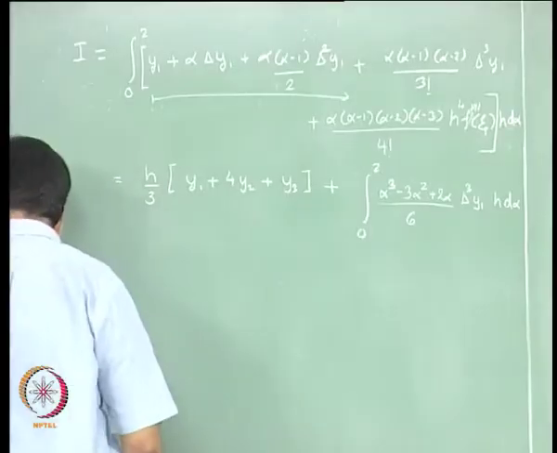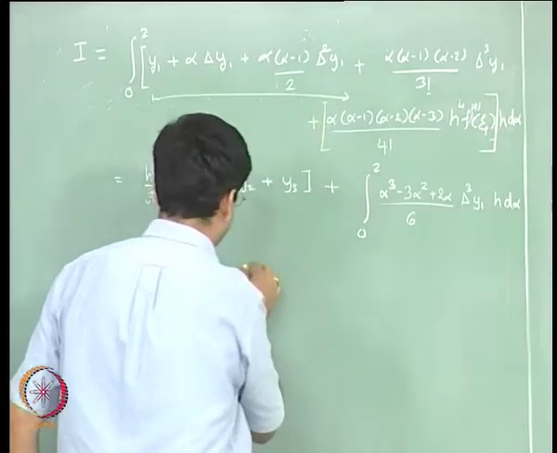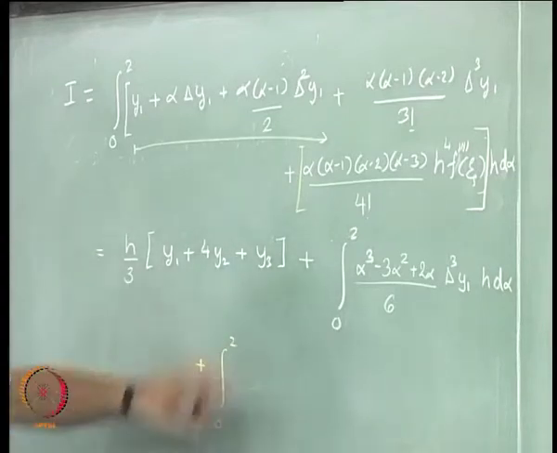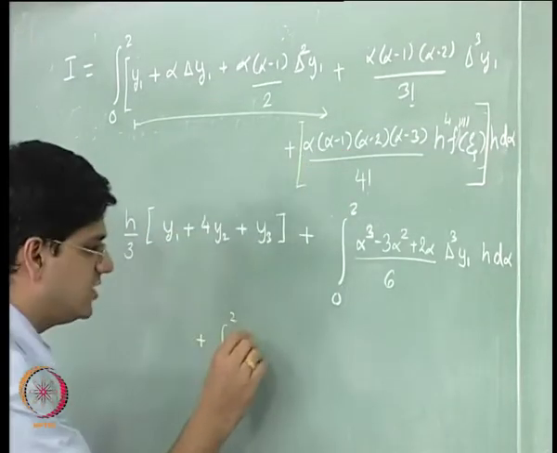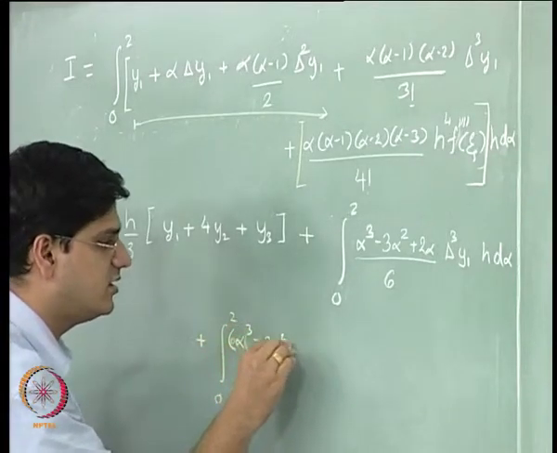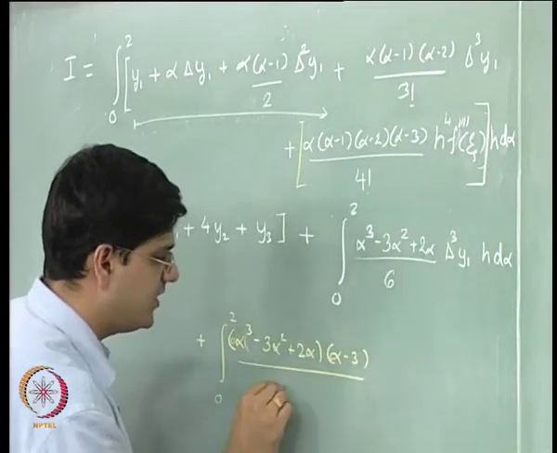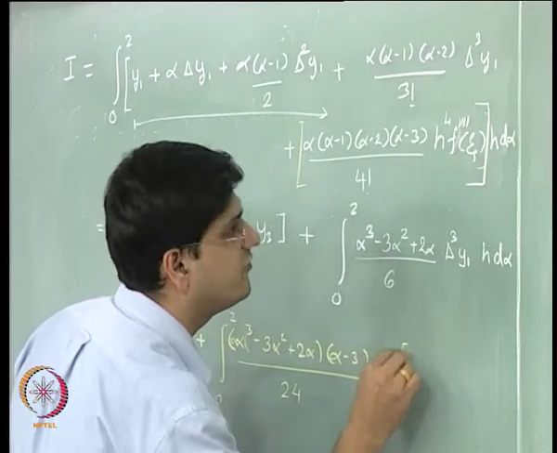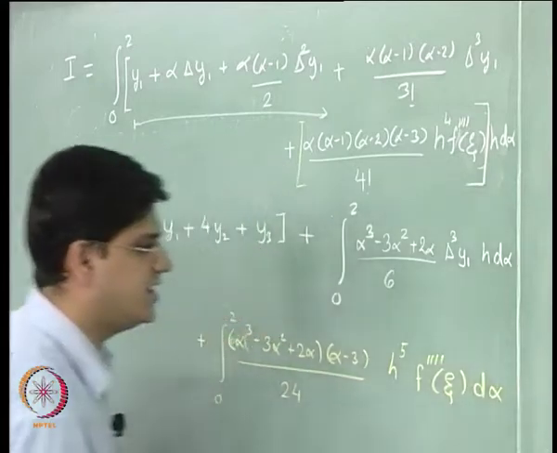And this final term over here, we will write as the integral from 0 to 2 of alpha multiplied by alpha squared minus 3 alpha, or alpha cubed minus 3 alpha squared plus 2 alpha, multiplied by alpha minus 3, divided by 24, and it is h to the power 5 f 4 dash zeta times d alpha.